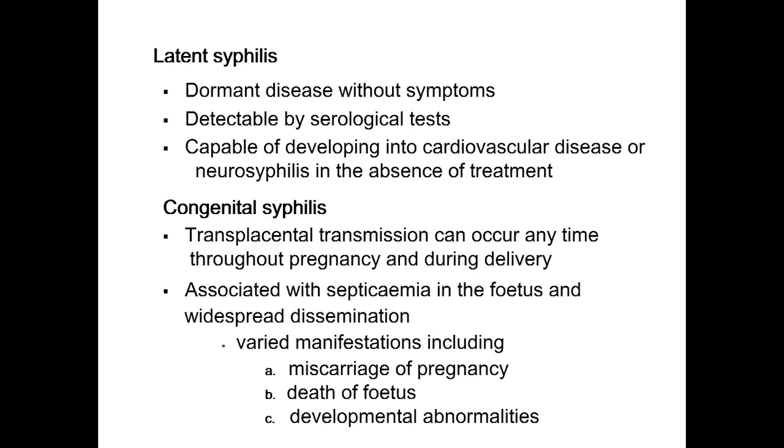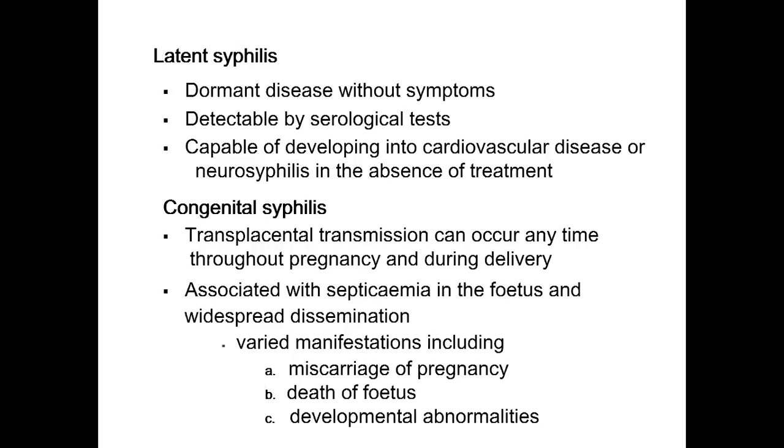Then we mentioned congenital syphilis resulting from mother to child transmission. It occurs transplacentally, and it can occur anytime throughout the pregnancy and even at the time of delivery. And what the baby or the fetus develops is septicemia due to Treponema pallidum. You can call it spirochaetes or septicemia.